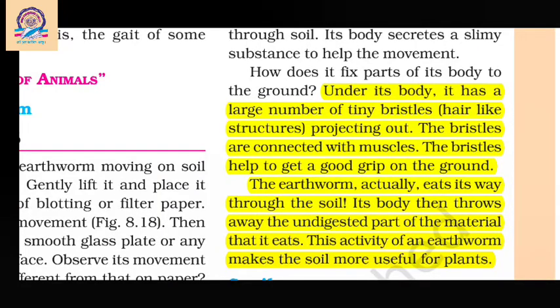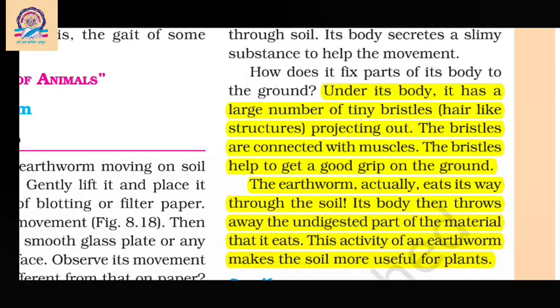Now the question is how it fixes the front part and the rear part of the body to the ground. Under its body it has a large number of tiny bristles. Okay, if you look under the body of an earthworm, you will find a large number of tiny bristles. What are bristles? Hair-like structures.